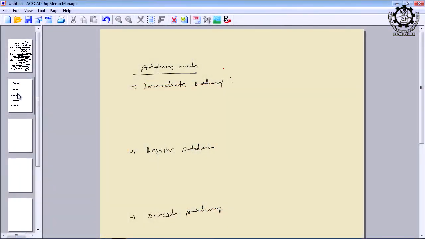Then we should understand what immediate addressing is. The example for immediate addressing is MVI D, FFH. Why is it called immediate? Because the data is present in the instruction. MVI D, FFH means FF is the 8-bit data, which corresponds to 8 ones, and for simplicity we write FF.